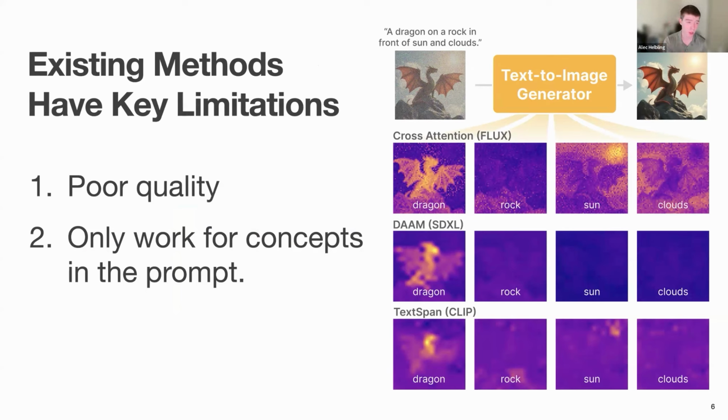But they either struggle with poor quality, they don't properly localize objects very well, or they only work for a very primary object in the image, or they only work for a select few concepts, like ones that are in the prompt explicitly. And so this limits these techniques' applicability in scenarios where you'd want to localize other objects that aren't explicitly referenced in the prompt but are still central to an image.